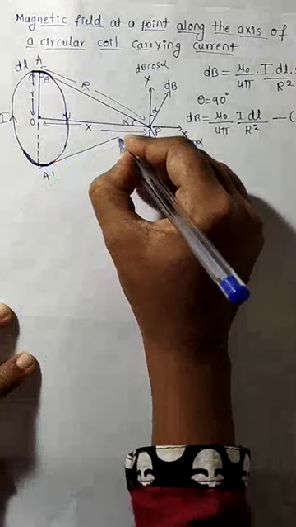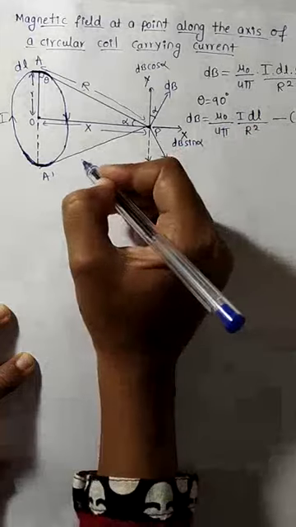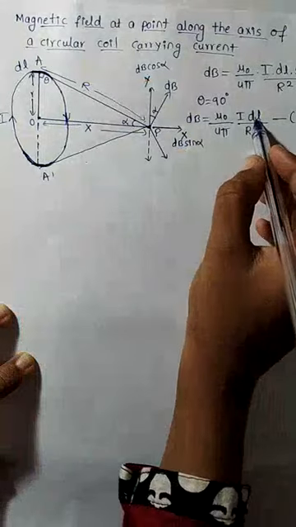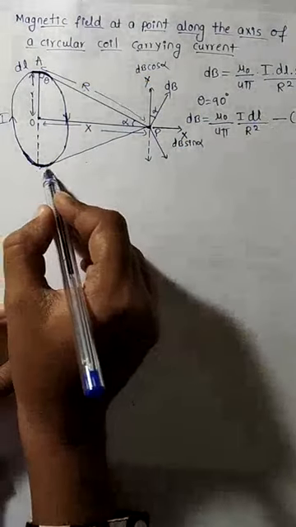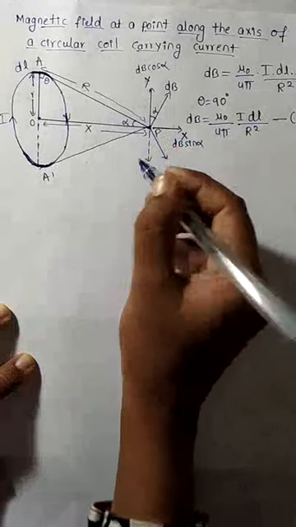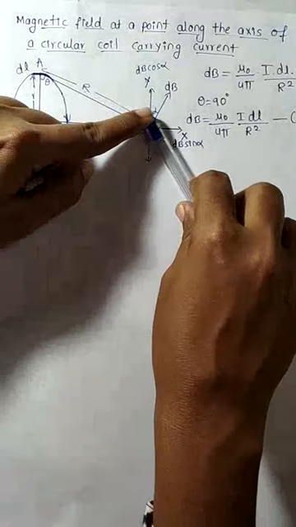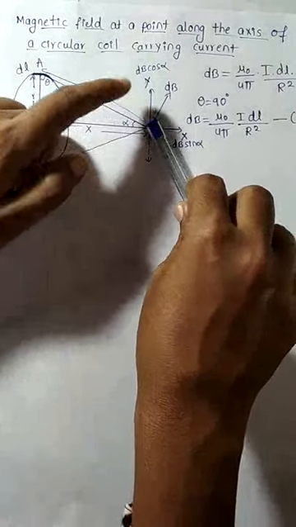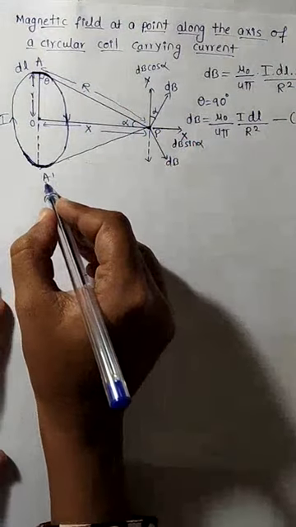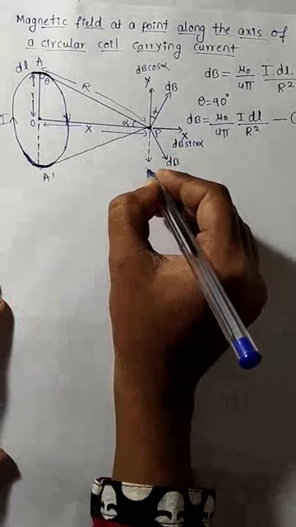If you join these two, here also a magnetic field will be produced, which is equal to this much only, because the distance is the same, the same current is flowing, and the length of the current element is dl only. It also produces the magnetic field dB, which is perpendicular to this. The perpendicular direction is like this, normal to the line joining. Now again this dB, which is due to A dash, we will resolve into two components, one along the x axis and another along the y axis.